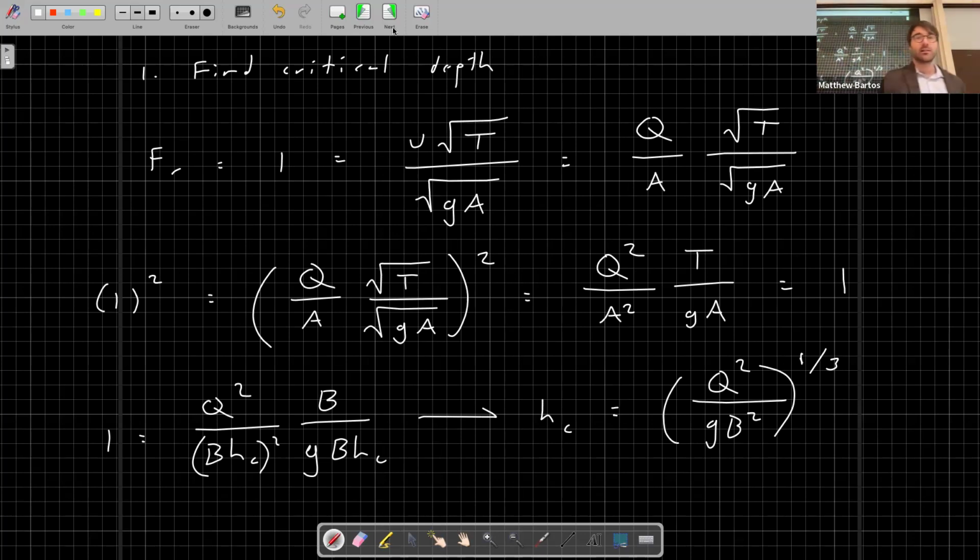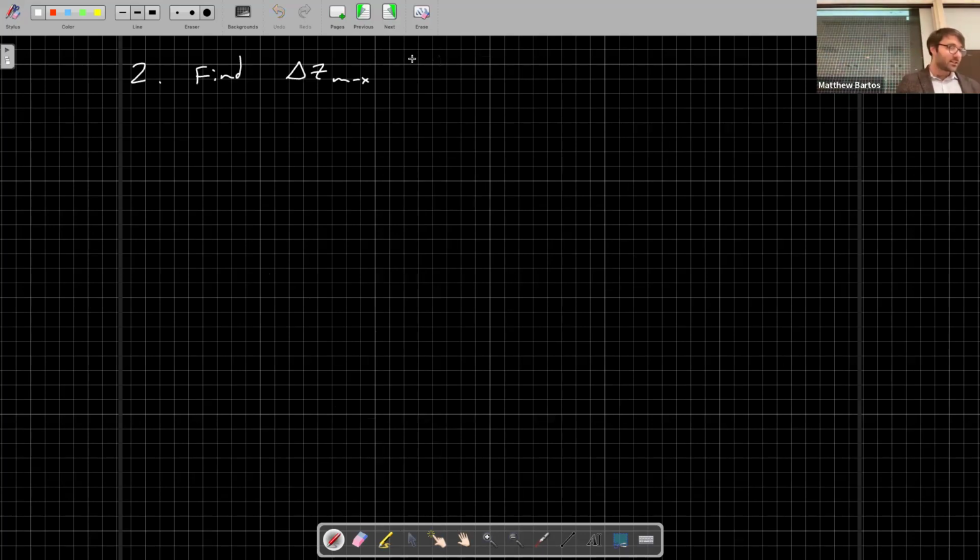Okay, very good. Next, to find delta Z max, how did you compute the height of the bump needed to create a transition through the critical depth? What equation did you apply here? Energy equation from 1 to 2.